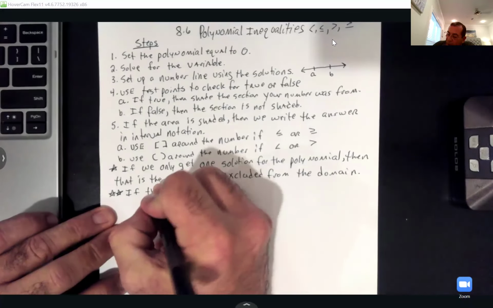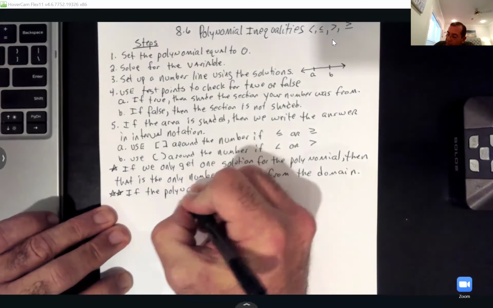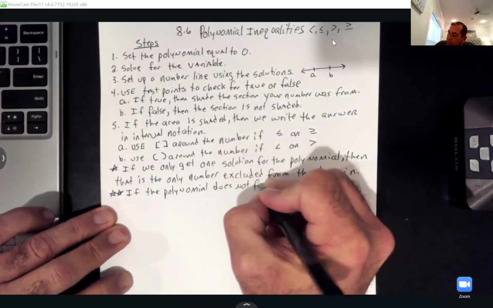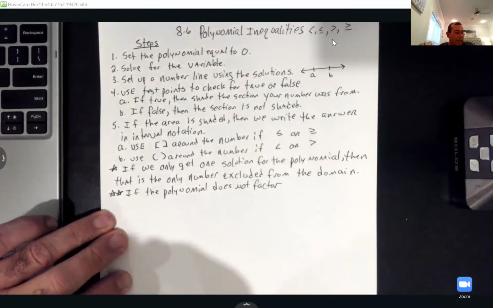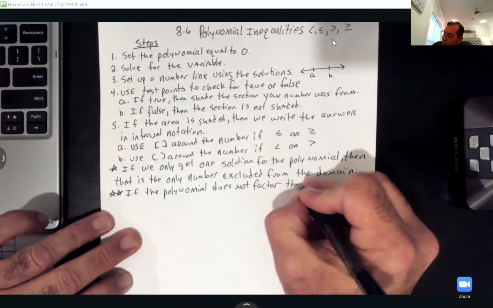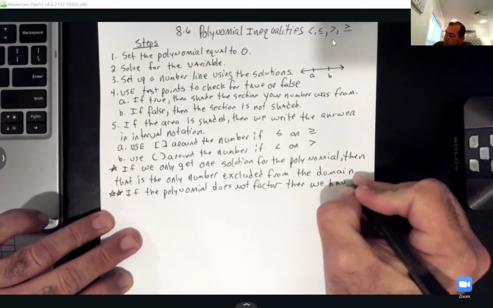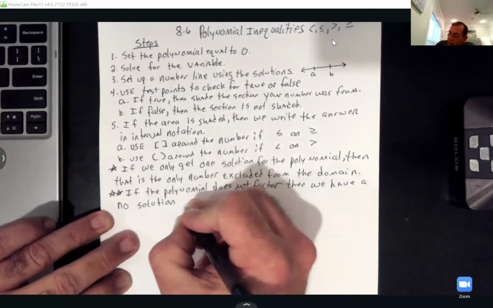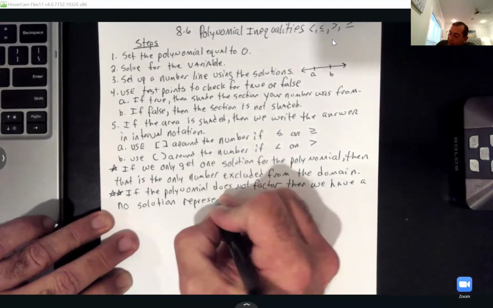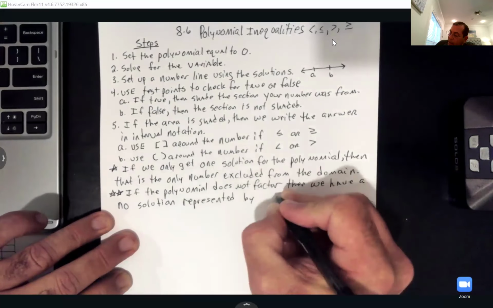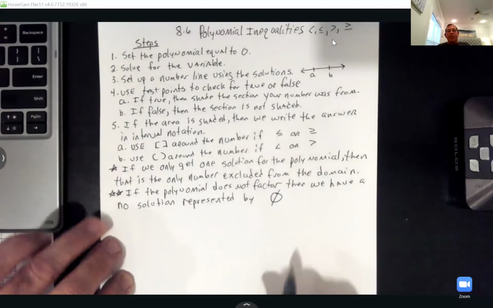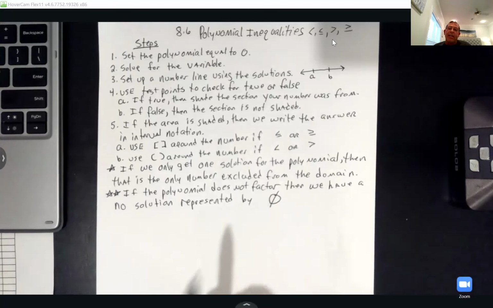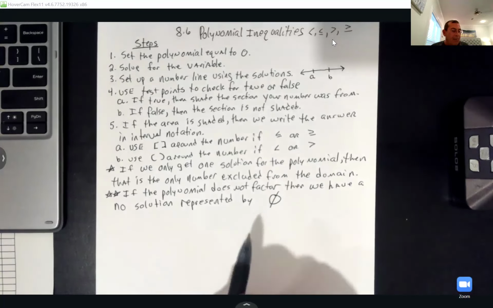So if the polynomial does not factor, then we have no solution, represented by that symbol right there. So it looks like a zero with a line through it. This is our symbol to represent no solution in MATLAB, okay?